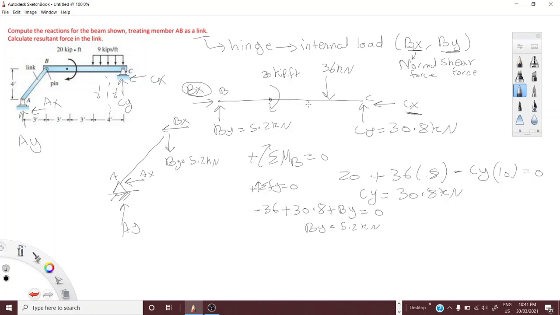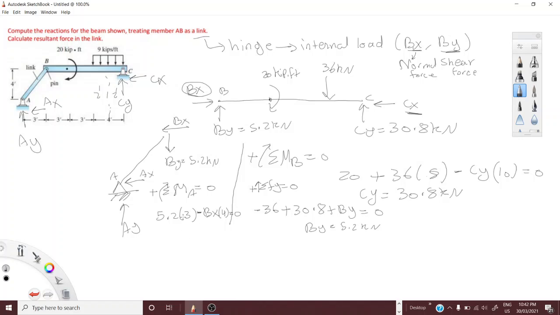So, the summation of moment at A, clockwise positive, equal to 0: By is 5.2 times 3, and Bx is minus Bx times 4, equal to 0.